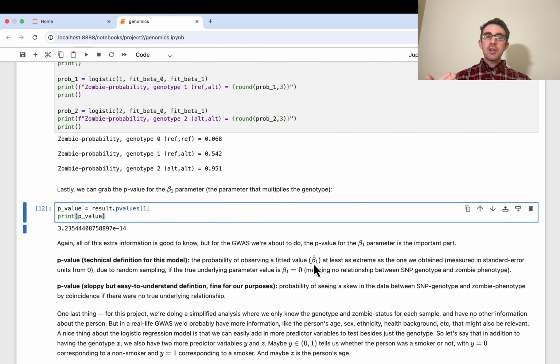But for our purposes, the easier to understand, less technically correct, but more intuitive definition of this p-value is it's the probability of seeing a skew in the data between the SNP genotype and the zombie phenotype, or just the case phenotype, by coincidence if there were no true underlying relationship. That's the important part for our project here: the p-value quantifies the probability of seeing this much of a skew.